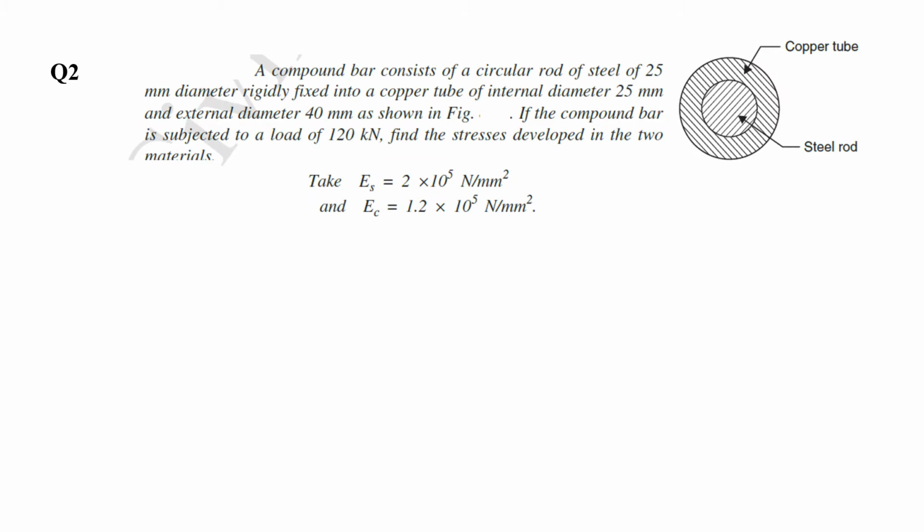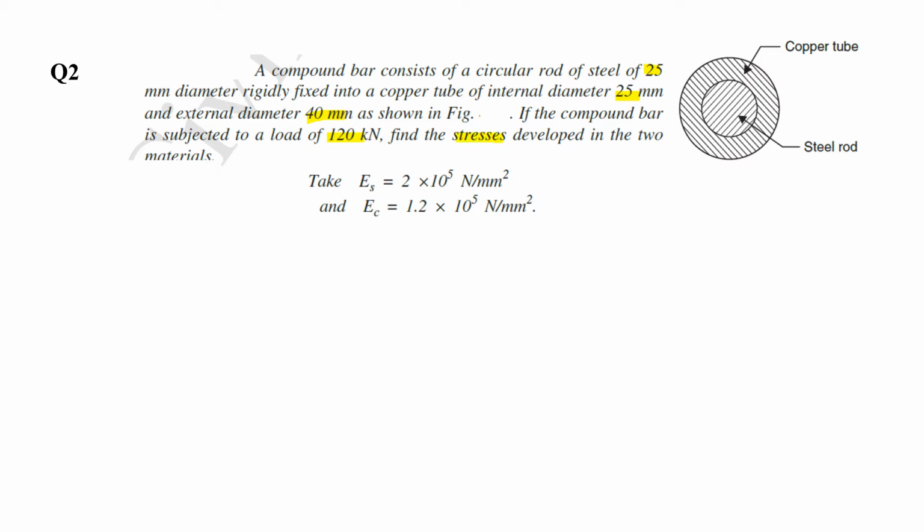Now the next problem. A compound bar consists of a circular rod of steel of 25 mm diameter rigidly fixed into a copper tube of internal diameter 25 mm and external diameter 40 mm. And the figure is given here. If the compound bar is subjected to a load of 120 kN, find the stresses developed in each material.